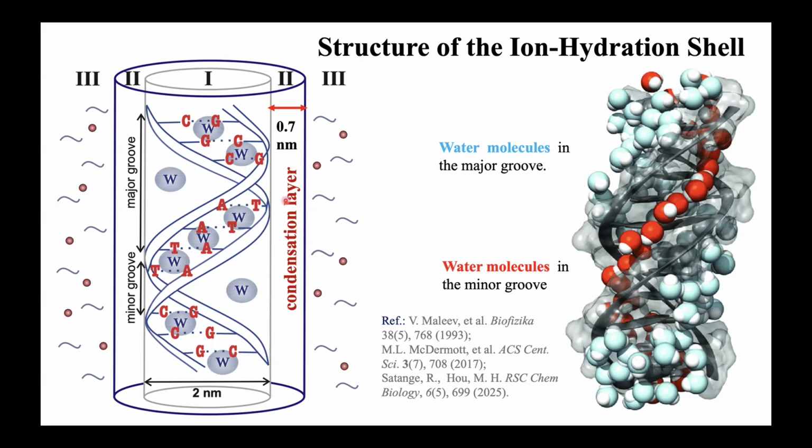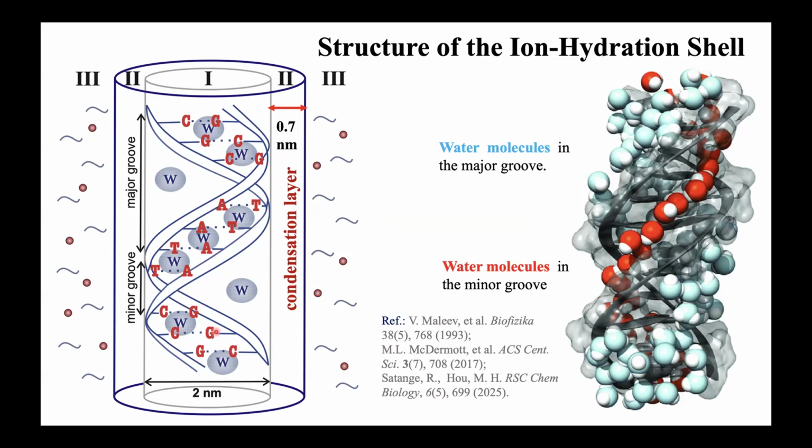Also in this region, which is about 7 angstrom thick, the ion atmosphere forms, which we will talk about a bit later. The water molecules and ions that are in direct contact with the DNA atoms form the first hydration shell, and this part of the hydration shell is the most ordered.